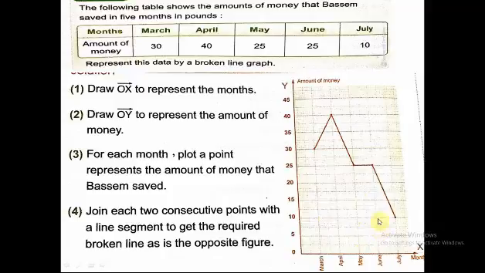June is 25, and I move from June to 25 and put a point. July is 10, goes to 10, then put a point. After that, we join the points in order. I start from March 30, go to April 40, then May 25, go to June 25, then go down to July 10. This is the broken line.